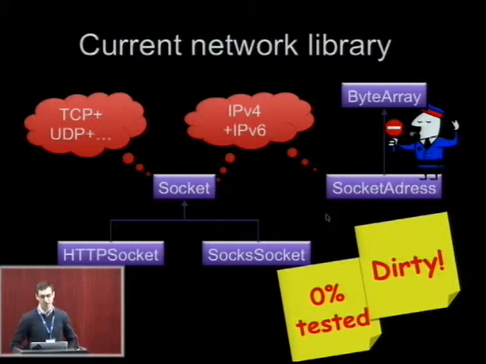And you look at the address side, you have SocketAddress that inherits from ByteArray, which is really strange. And there is a mix between IPv4, IPv6, and there is also a mix between the communication and the protocols. You see, HTTP is a subclass of Socket. No, HTTP is a protocol that uses TCP.